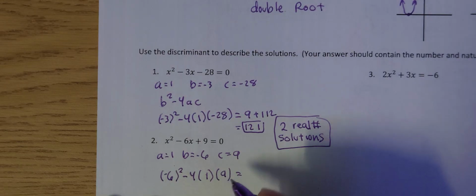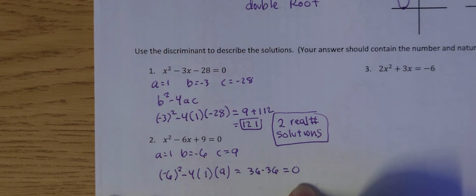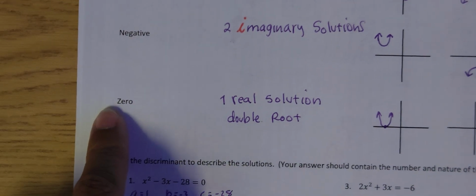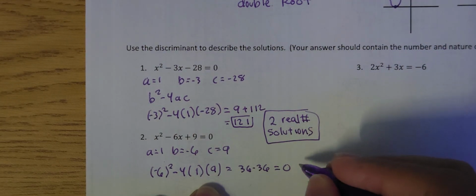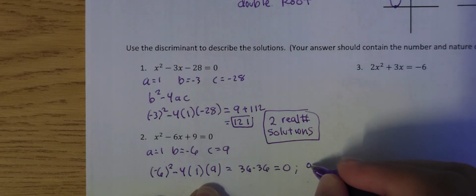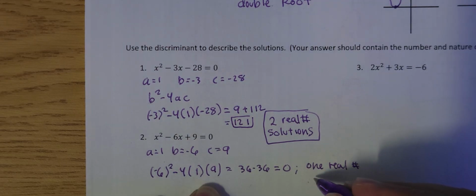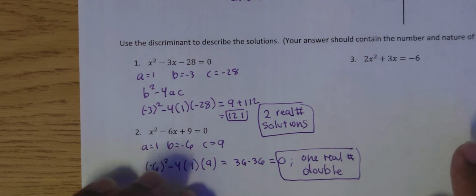So we have positive 36 minus 36, which is equal to 0. Since the discriminant is 0, that means we have one real number solution, but it's a double. All right, so that's the second example.